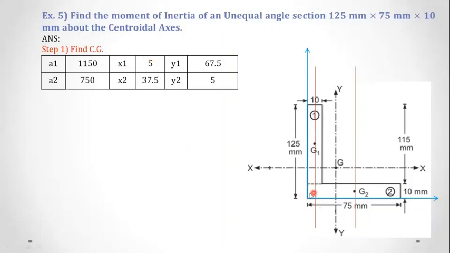Now x2 is the distance of G2 from the y-axis, this distance. That is half of 75 mm, because G2 is in the middle of the 75 mm.